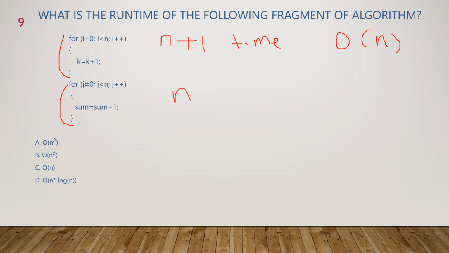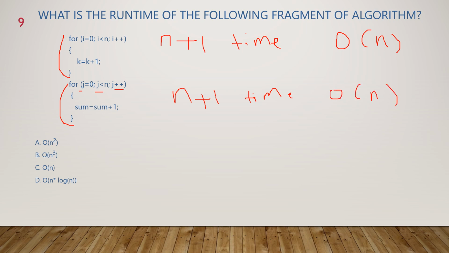It executes n plus 1 times, because this one executes n times and this one 1 time, and the maximum is n plus 1 times. So the result is also similar, big O of n.